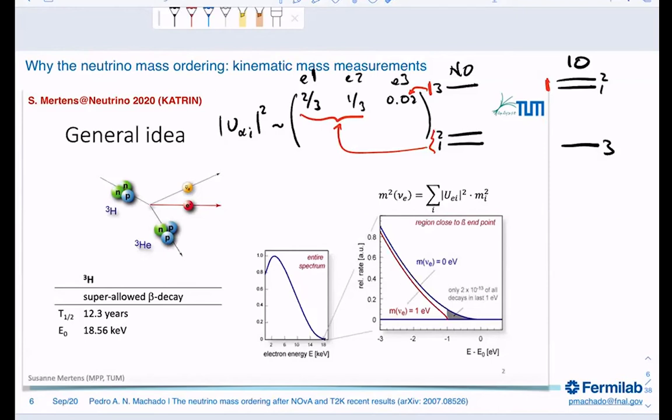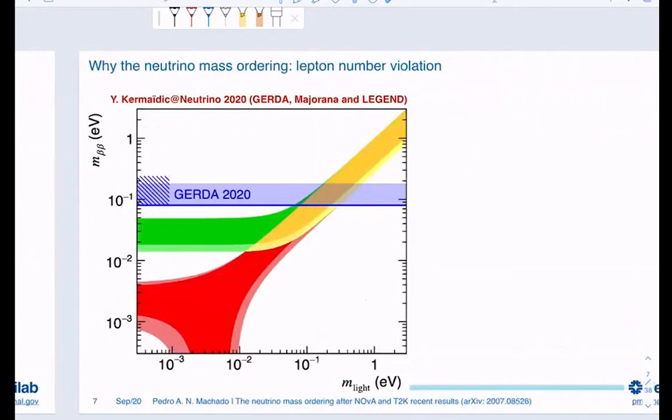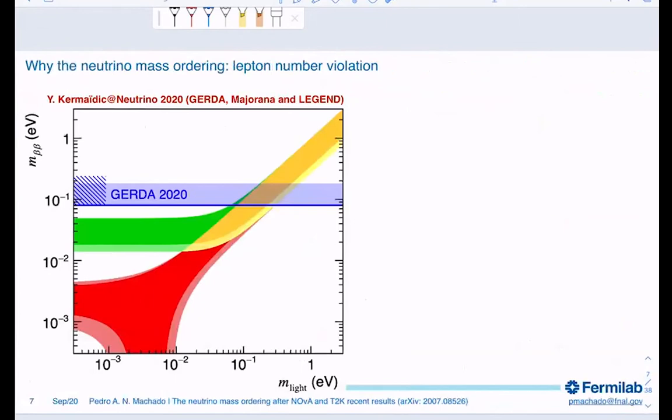And the last thing that I want to tell you here is on neutrinoless double beta decay. So on neutrinoless double beta decay, what you have is some nucleus that cannot undergo beta decay because of the energy.